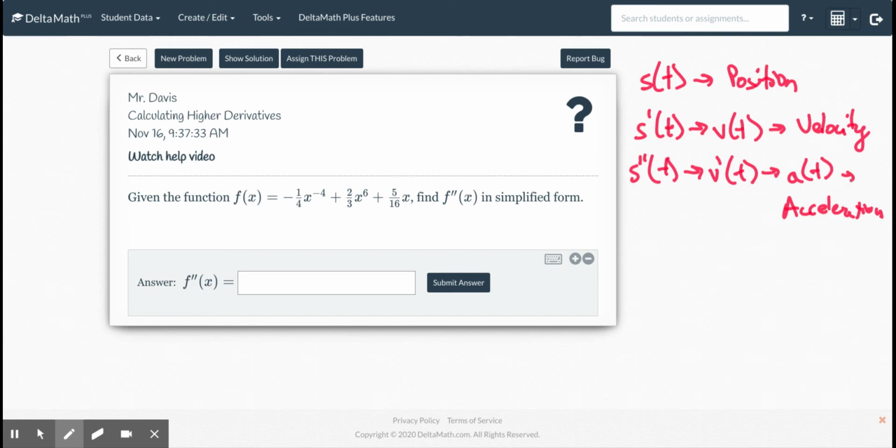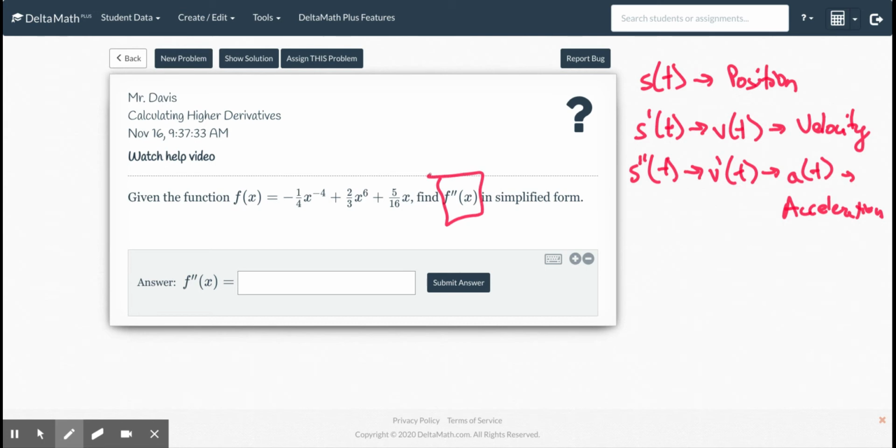Generally, when you do higher derivatives, they're not quite as picky on whether you rewrite them in simplest form. And also recall, if it's given with negative exponents, generally you can write your answer with negative exponents. And if a problem's not given with negative exponents, then you would generally not want to have negative exponents in your answer. So let's go ahead and get started.